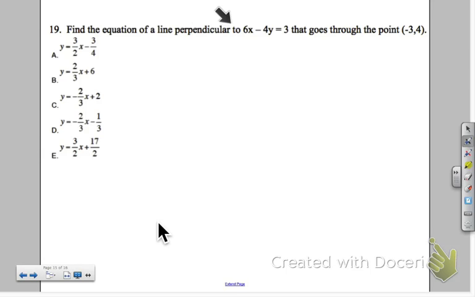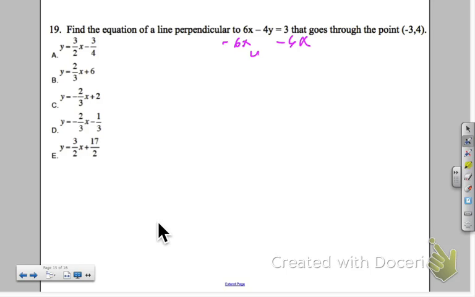So, equation of a line perpendicular that goes through this point. I need to change this to y equals so that I can get the slope. Then once I get the slope, I'm going to use point slope form with this point, and then I'm going to convert it to slope intercept form. So we do that now. We get minus 6x on both sides.